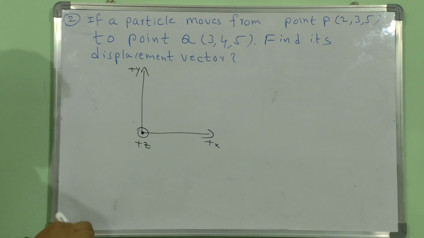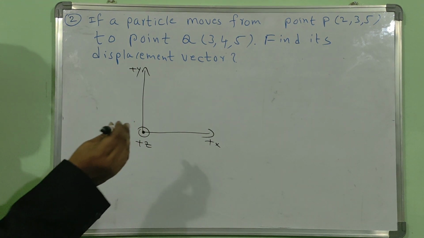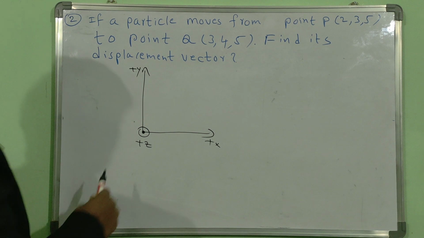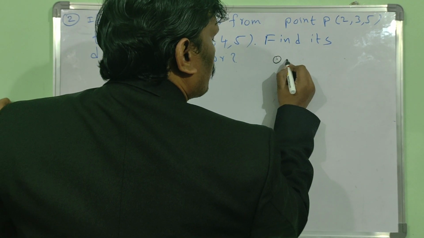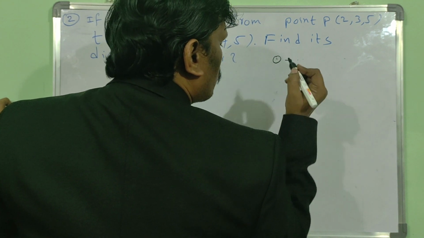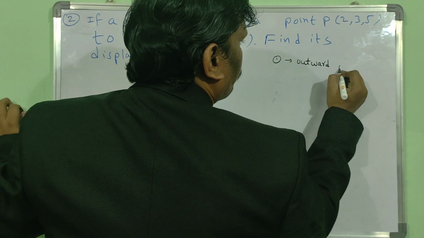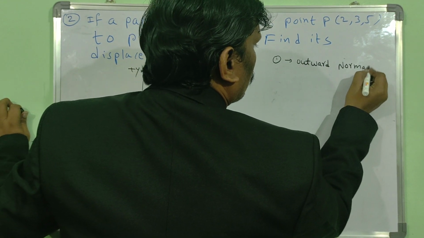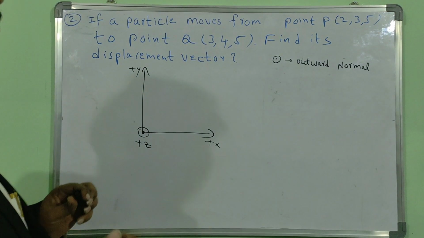What is the positive z axis? From the origin, the outward normal, that is the positive z axis. That means the outward perpendicular line.